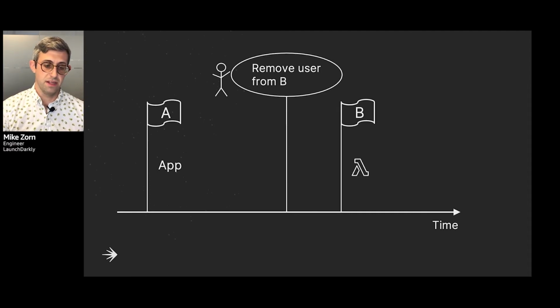So any data that came in this time period will not get processed, because we remove that user from having the processing happening in the Lambda function, but after it got written to the queue. So we decided not to process it in our application, but then we changed our mind and decided not to process it in the Lambda function after that. So that creates a potential for data loss, which we do not want.